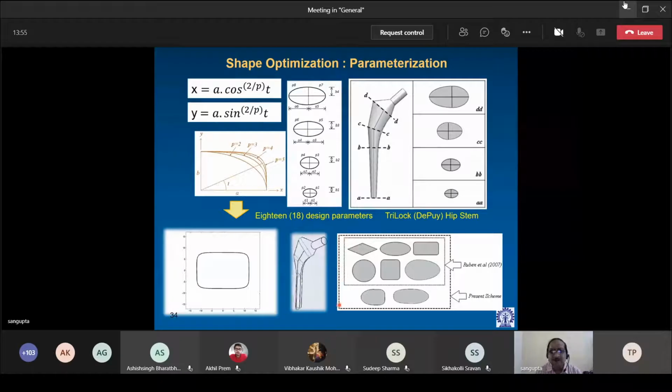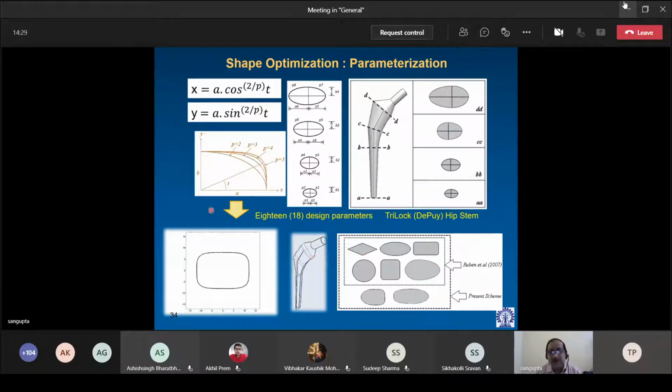Now, earlier studies have actually attempted to investigate, but they did not do it in a holistic manner as we have taken up the study as an optimization study. So they actually, in 2007, Ruben tried these shapes, 6 shapes, to find out the most optimum within these shapes.